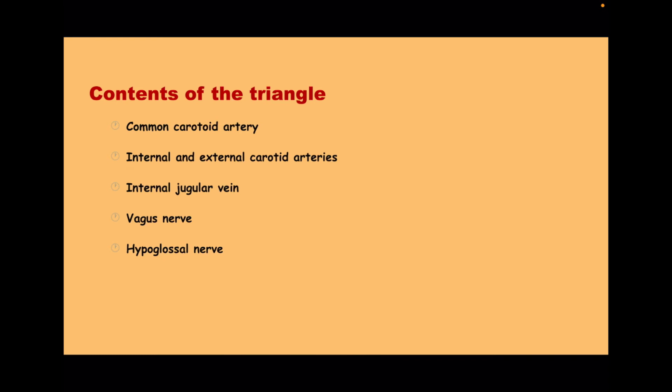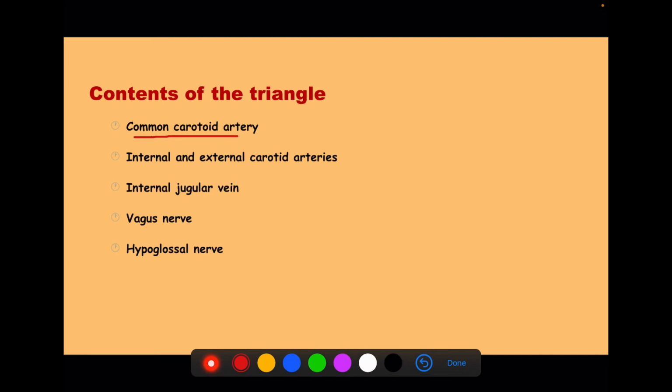Among the contents of the carotid triangle, the common carotid artery, internal carotid artery, and the internal jugular vein have clinical importance.